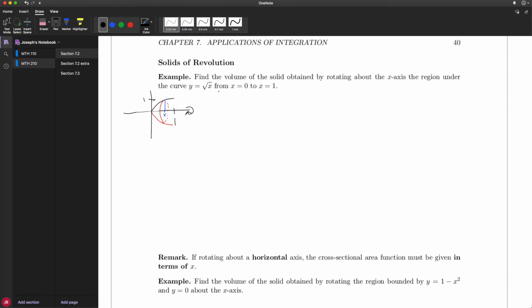So let's see, A of x, and we've already done this, so let's just remind ourselves this should be pi times the radius of this disk we see here squared. Well, that has radius, it looks like the height of the function, so we'll use colors to denote that. Right, and this is just pi times x when we simplify.